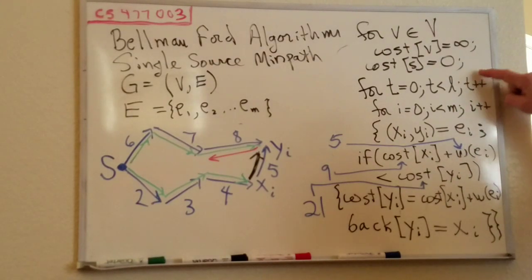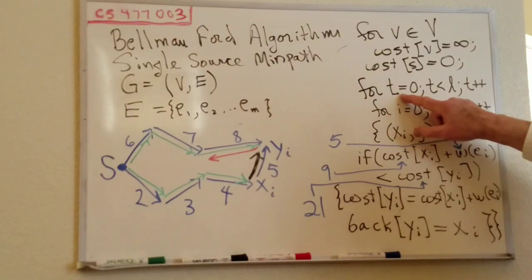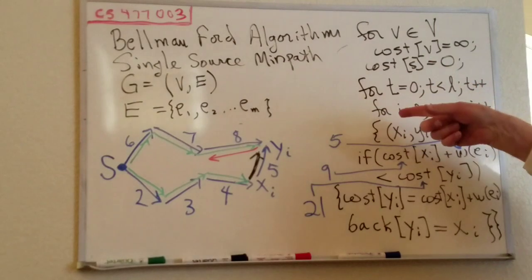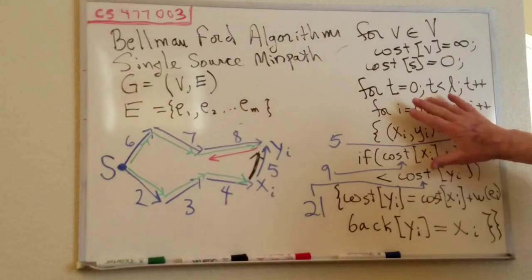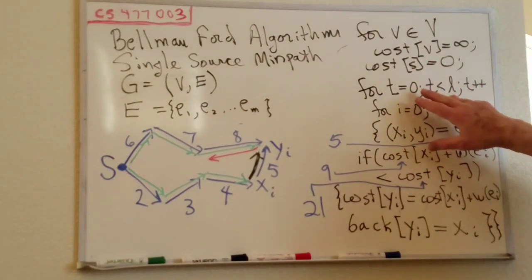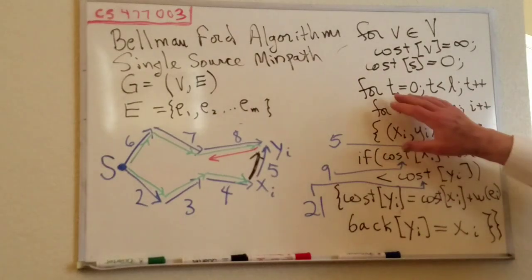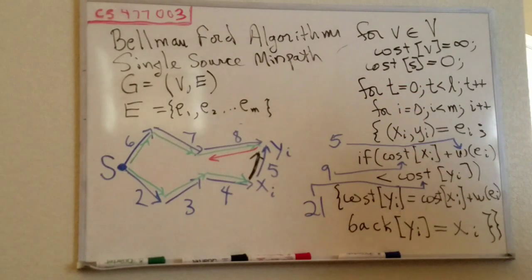This is our main loop, and in some sense it's a dummy variable t. It just keeps track of how many times we've iterated it, and we're going to iterate it L times. The reason is this: after t iterations of the main loop, we will have the best path from S to every vertex which has no more than t edges.